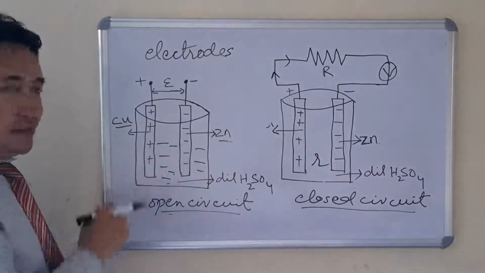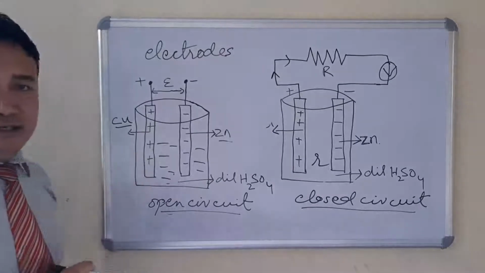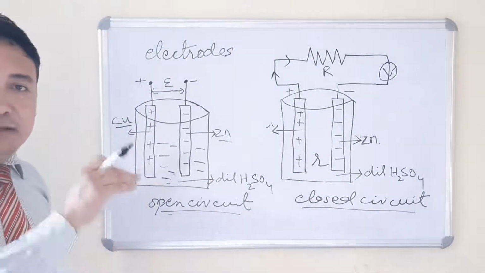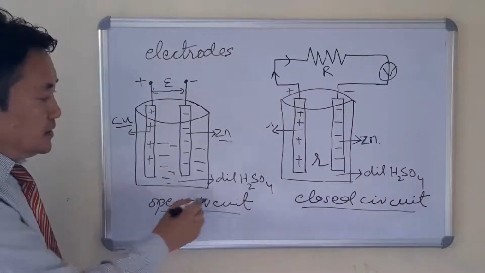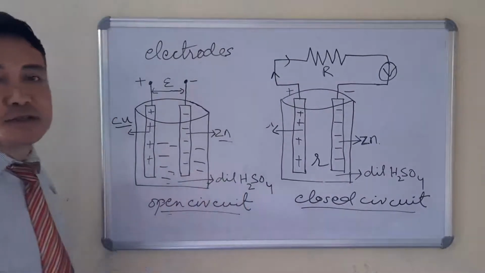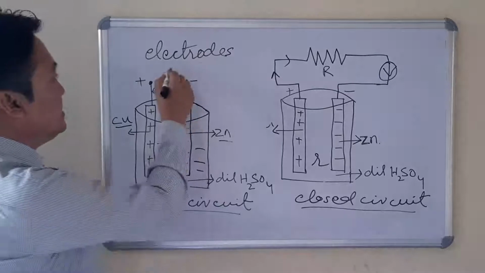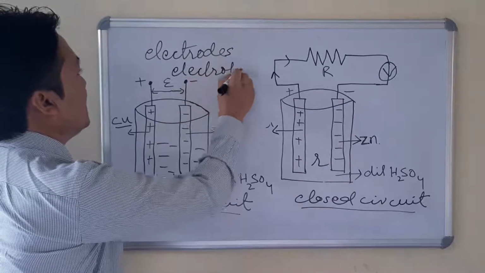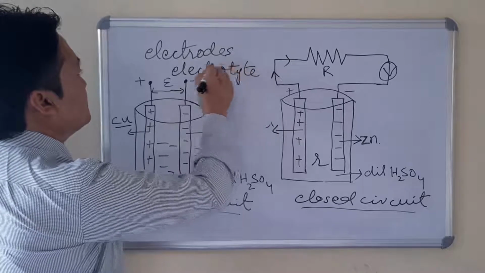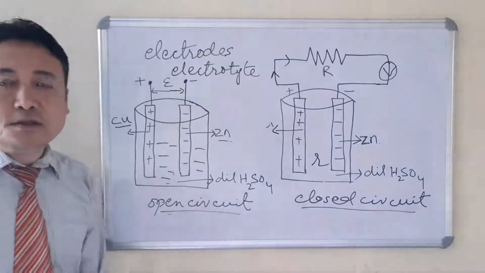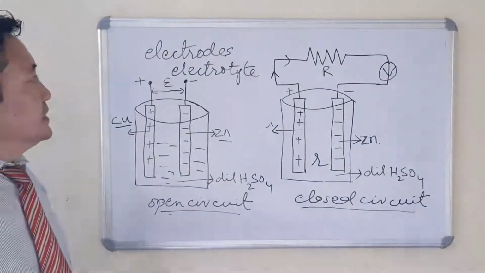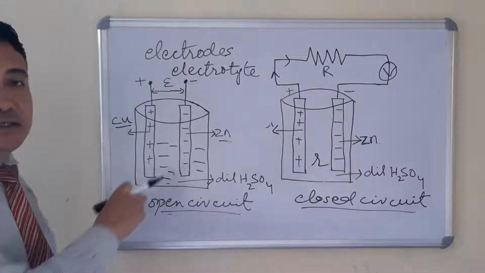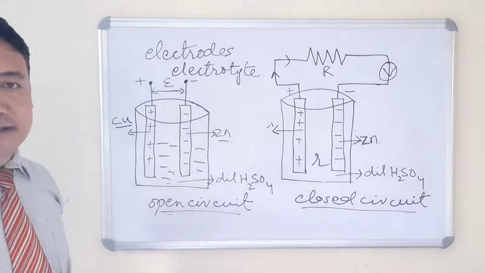The two electrodes are copper and zinc, and these two metal plates are immersed in a liquid, dilute sulfuric acid, and this liquid is the electrolyte.